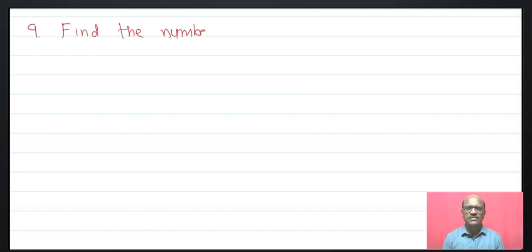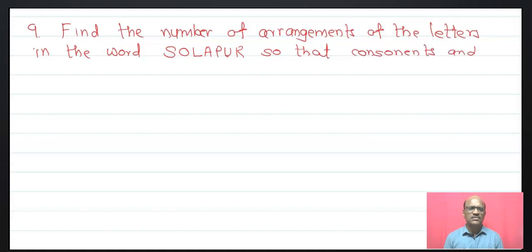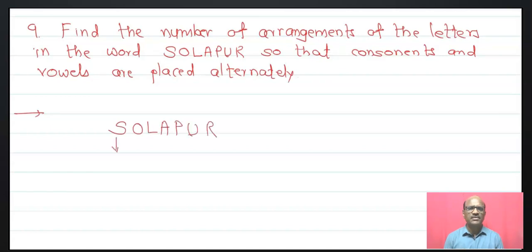Now the question number 9. The number of arrangements of the letters in the word SOLAPUR so that consonants and vowels are placed alternately.